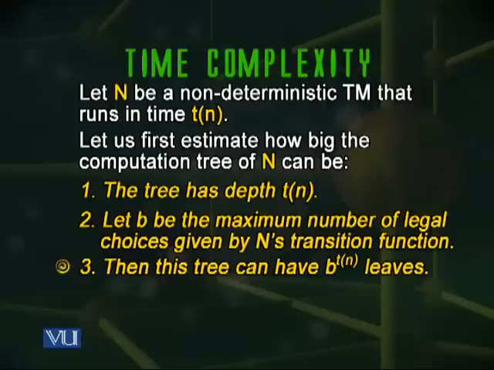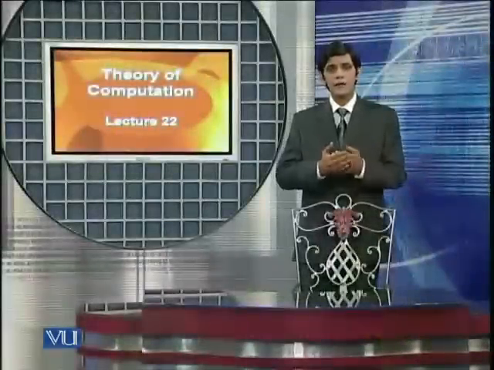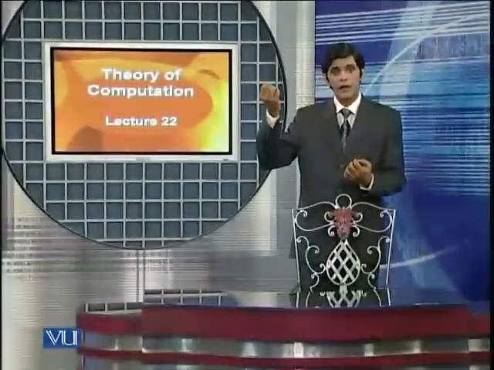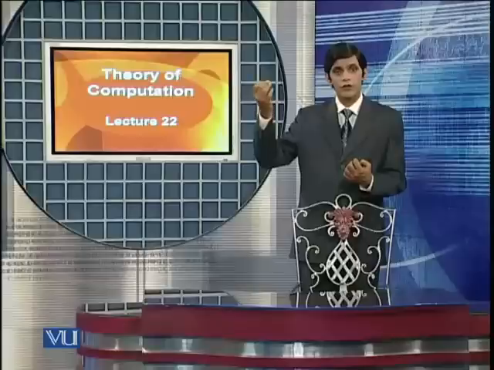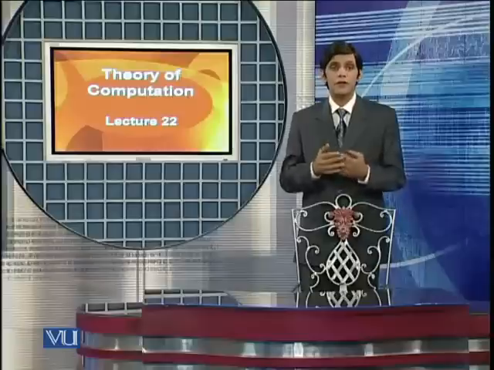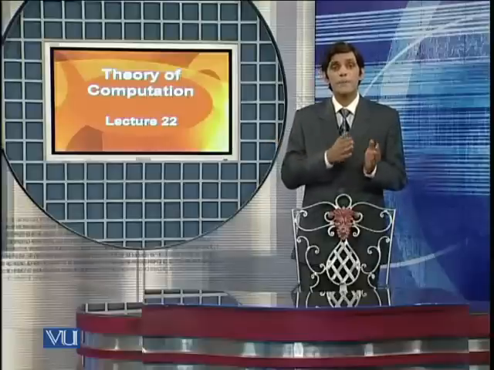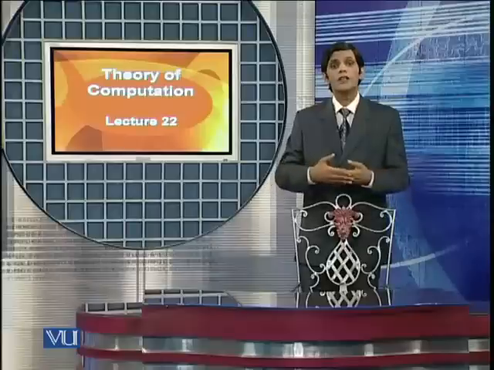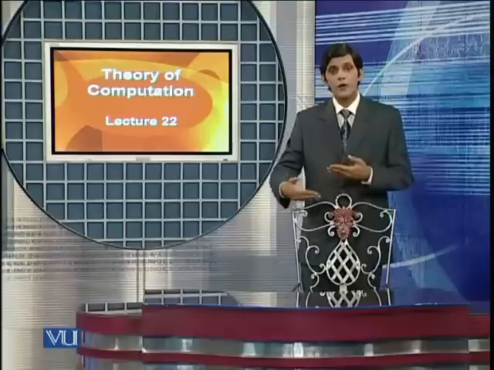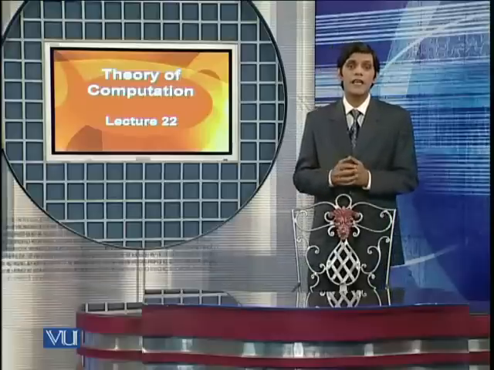Therefore, this tree can have at most B to the t of n leaves. In fact, the tree has B to the 0, that is one node as the root. On the first level, it can have at most B children. And on the second level, it can have at most B squared nodes. On the third level, it can have at most B cubed nodes, and so on and so forth. And on the kth level, of course, it can have at most B to the k nodes.